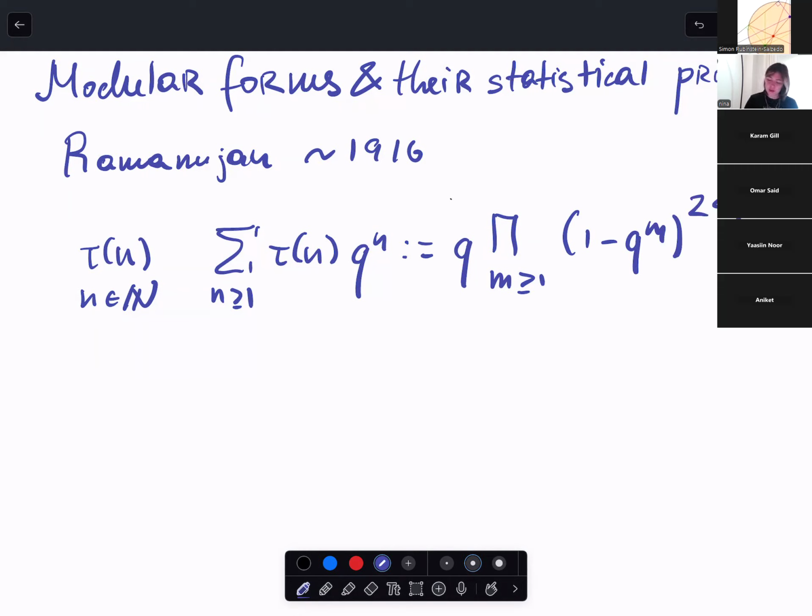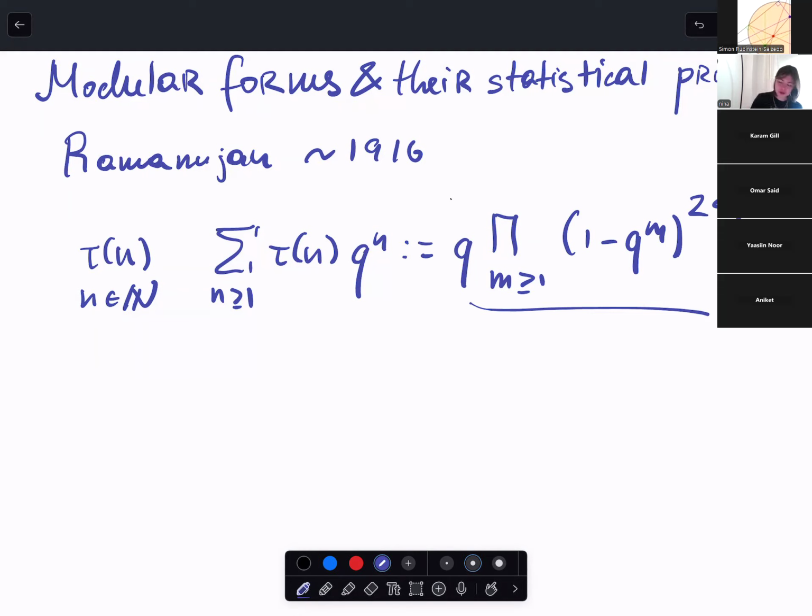What this means is that we formally expand this side into a power series, and you will get a bunch of q to the n with some coefficient. And you define this function tau of n by these coefficients.